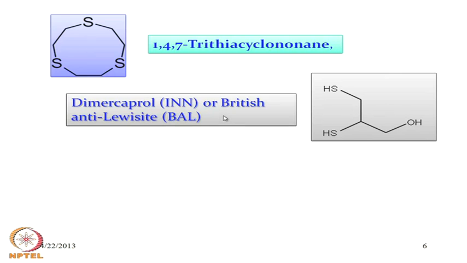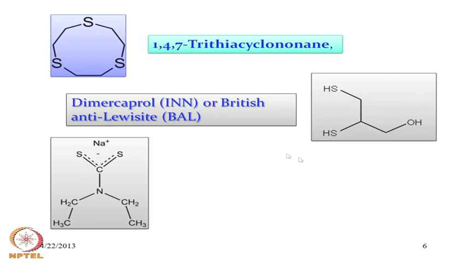And during World War II, this was developed as dimercaprol, or British anti-Lewisite molecule, as we call it, because it binds heavier metal ions like cadmium, zinc, mercury and others, which are very much poisonous.